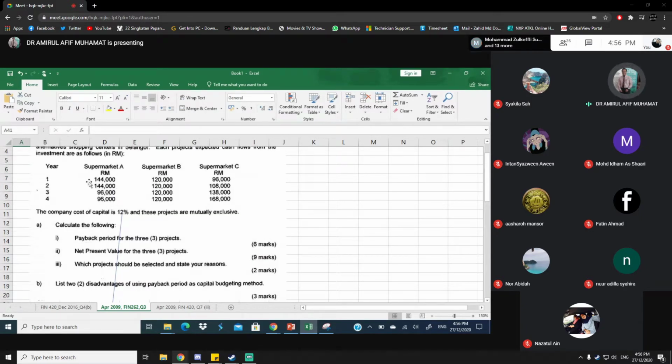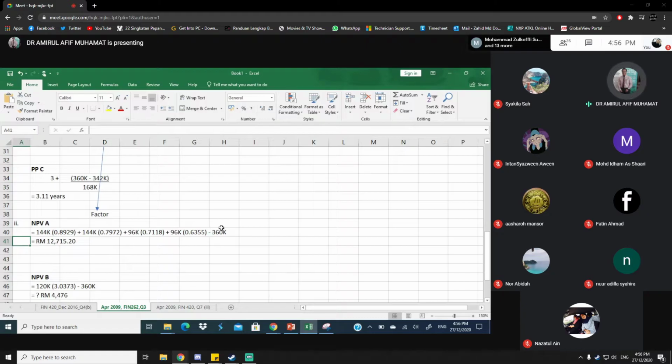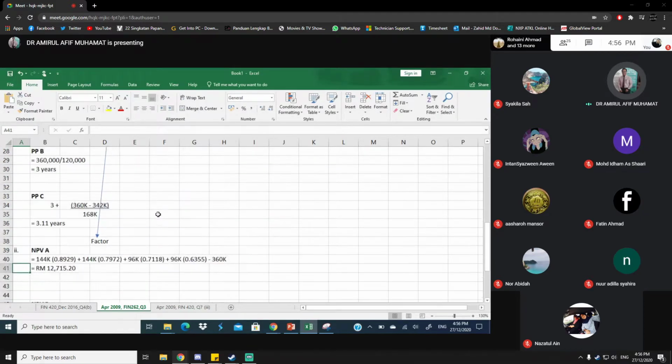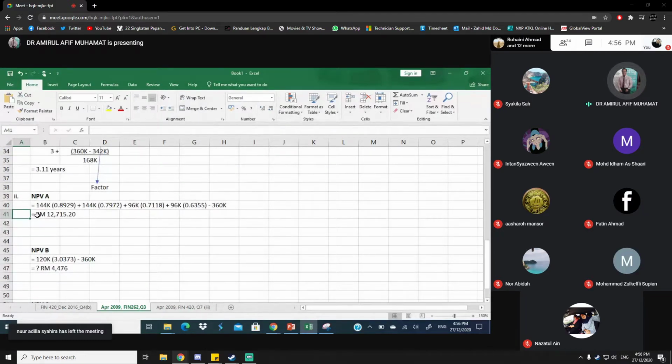So the income for the whole period minus cost 360,000. Cost, initial outlay, initial investment 360,000. So the result is 12,715.20. That is NPV for A.